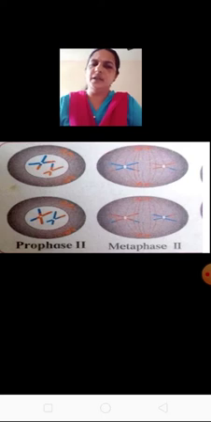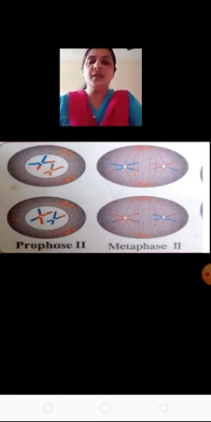In the middle, the spindle fibers are formed, but the chromosomes are not sister chromatids. It is the combination, recombined homologous chromosomes. That is a different pair. There is already recombination taken place. So it is arranged in the equatorial plane, similar to mitosis. In mitosis, we saw the chromosomes become thicker and shorter, the nuclear membrane disappears, the nucleolus disappears, and the centrioles duplicate and move to the opposite poles in prophase.